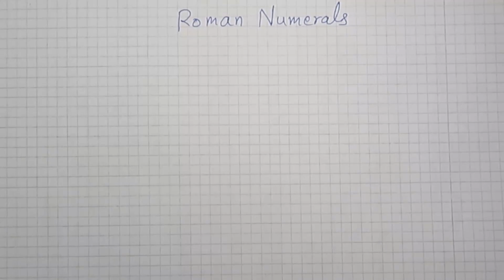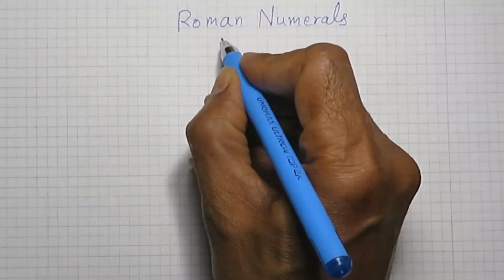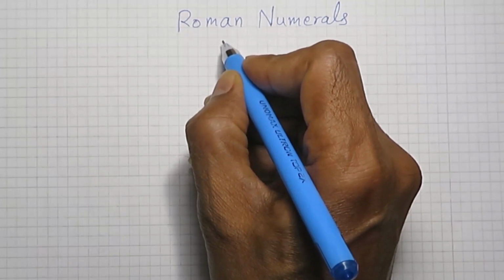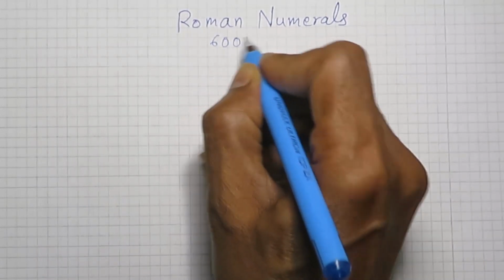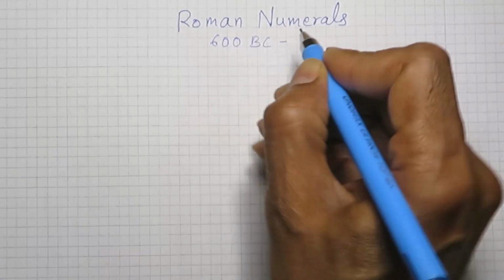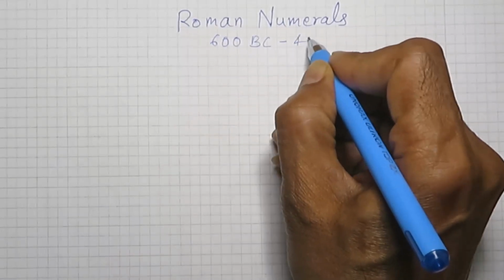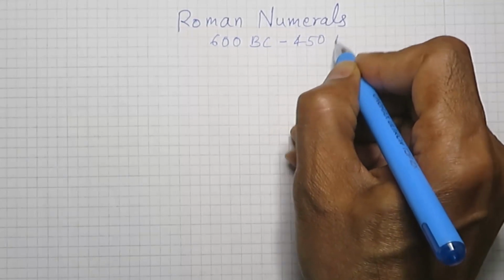Who are the Romans? Actually, Romans were a civilization in Europe around 600 BC to roughly about 450 AD.